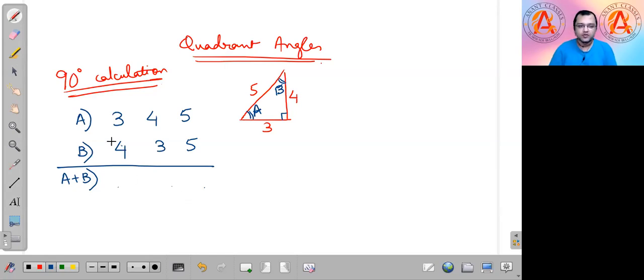So if we calculate, what do you get? 3 into 4, 12. 4 into 3, 12. So 3 into 4 minus 4 into 3, 12 minus 12, 0.